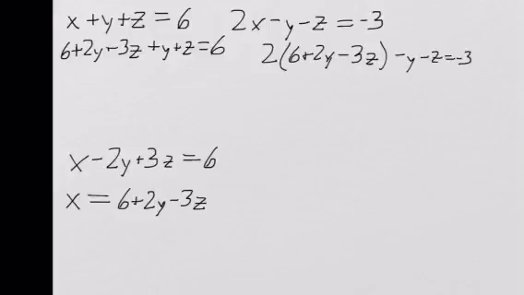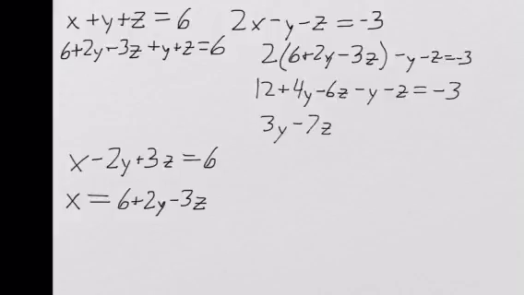So first I'll distribute the 2, so I get 12 plus 4y minus 6z minus y minus z equals negative 3. Combining my like terms, I get 3y minus 7z plus 12 is equal to negative 3.